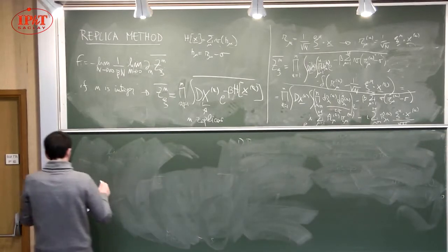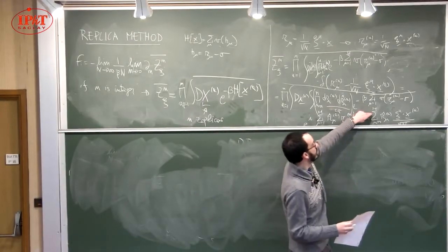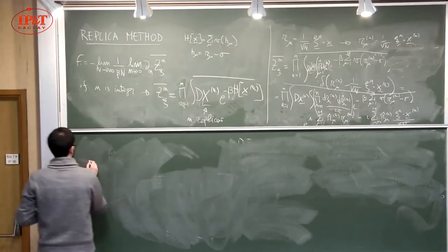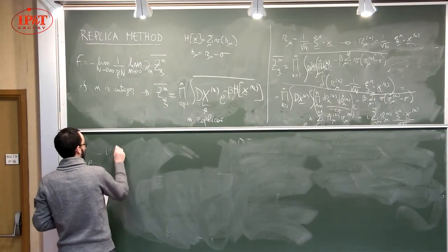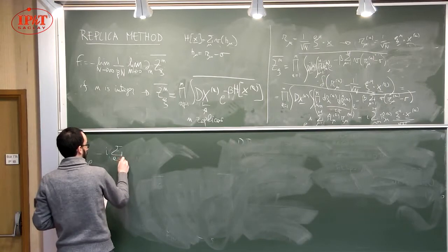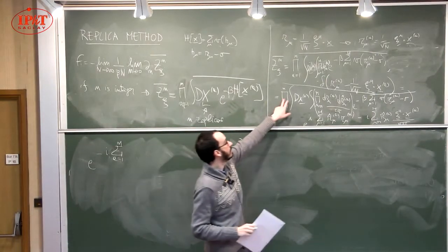So in the end, what we need to compute is just the average of this term here. So it's the average of e to the minus e. So the sum over a comes from this product, of course.